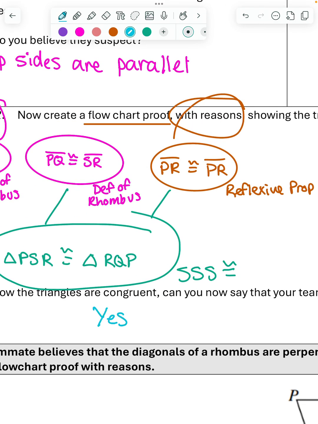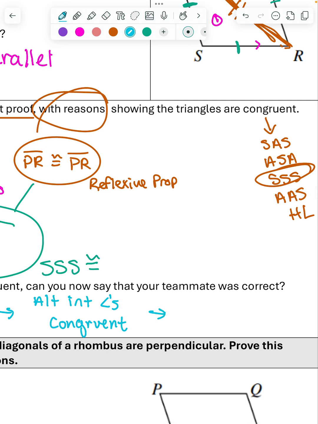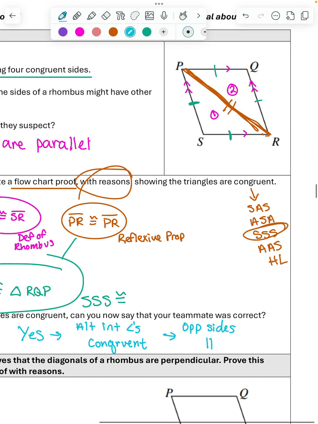So yes, we can say that our teammate was correct because we have alternate interior angles that are congruent, which means that the opposite sides are parallel. That's the symbol for parallel.